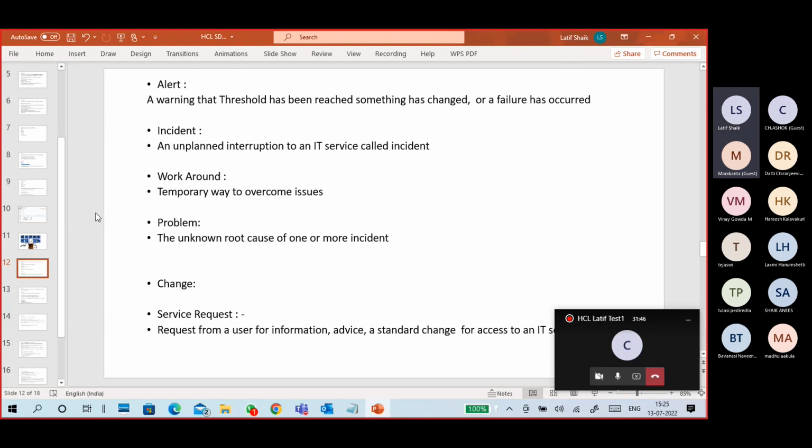He has a problem: it has less RAM capacity. He wants to upgrade the RAM so he can do other work also. Like that. So access permissions, a change of passwords, printer access, storage access, these are all service requests.